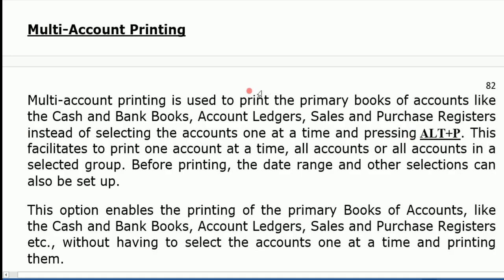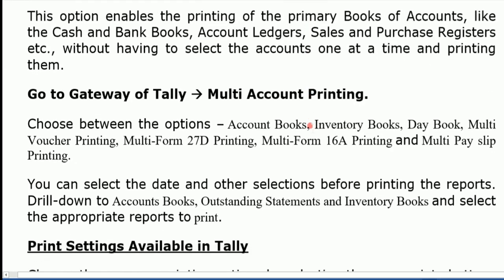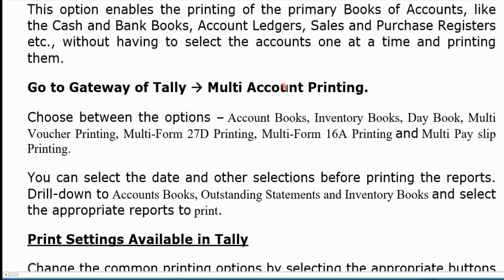You can print them separately by using the multi-account printing option. But nowadays, in every screen, Alt+P is available, and by that we will go for the printing option. So directly in the Gateway of Tally, we can take the multi-account printing.